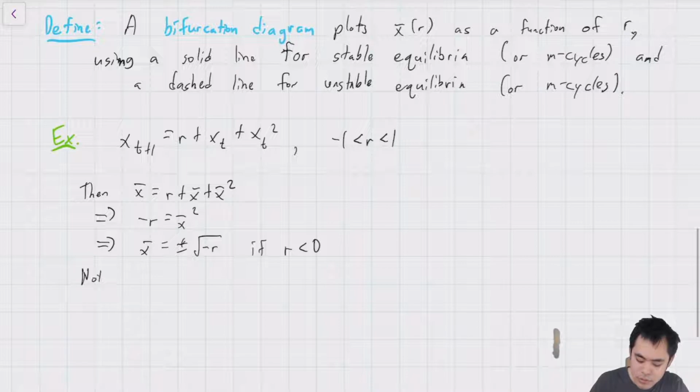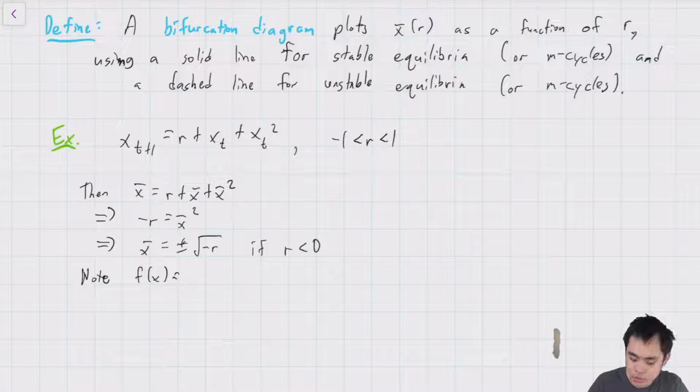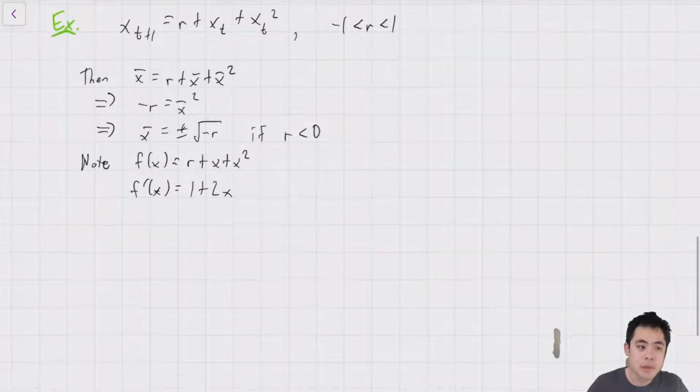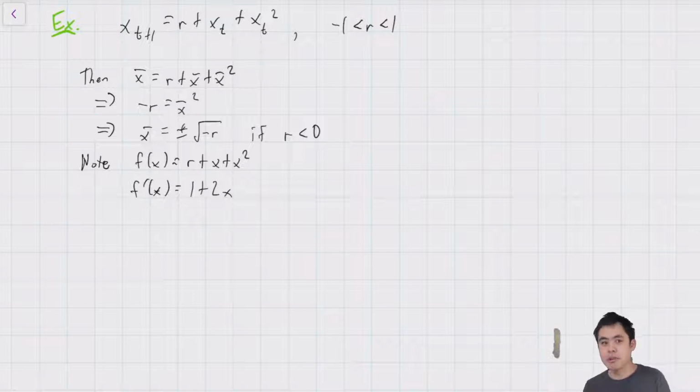And we'll note that f of x is equal to r plus x squared. So f prime of x is equal to 1 plus 2x. Okay, and we know by using the first derivative test that we can figure out when things are stable or unstable.